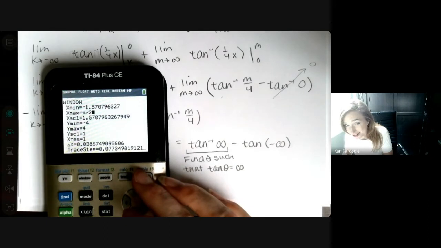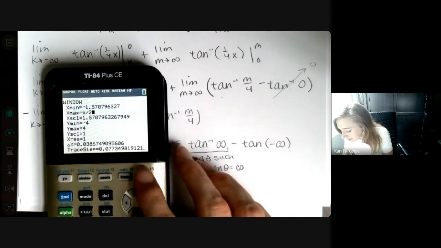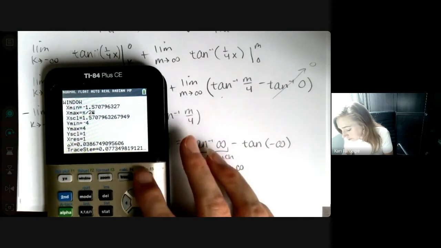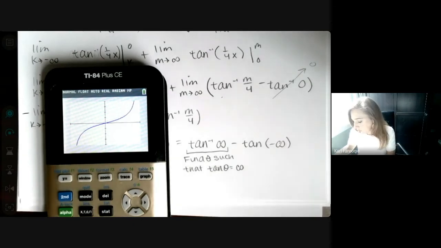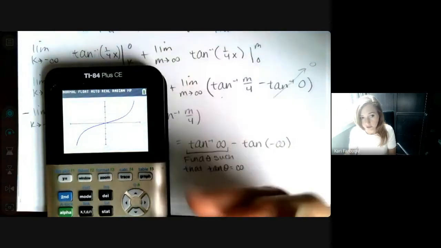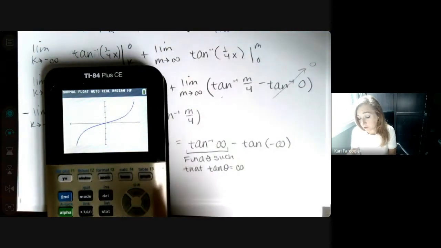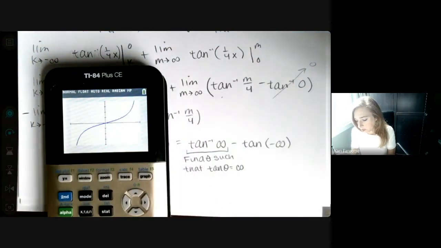Maybe I should say the range for your inverse tangent function. And then you could graph that piece. Essentially, this is the graph that you would be looking at. Because remember that in order for it to be a function, you have to be able to pass the vertical line test, and then to be an inverse function, you'd be looking at the horizontal line test, and you could only have one of these pieces if you were going to be passing that test.